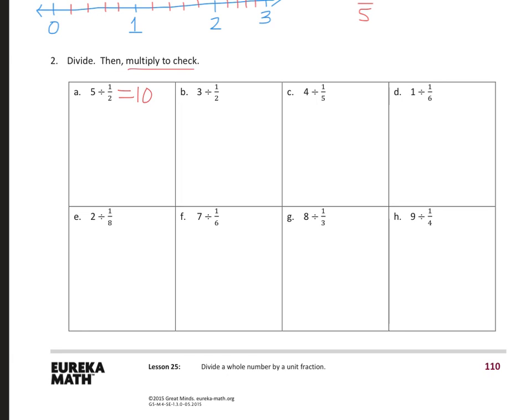Now to multiply to check, that means you're going to take your answer, which is technically the quotient, 10. You're going to multiply it by 1/2. Now this goes back to some lessons that we did previously.